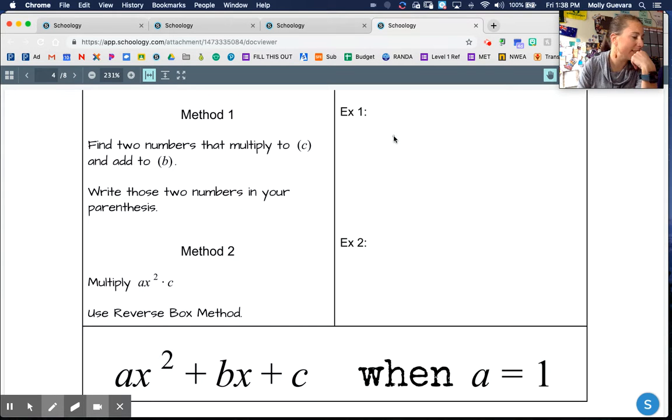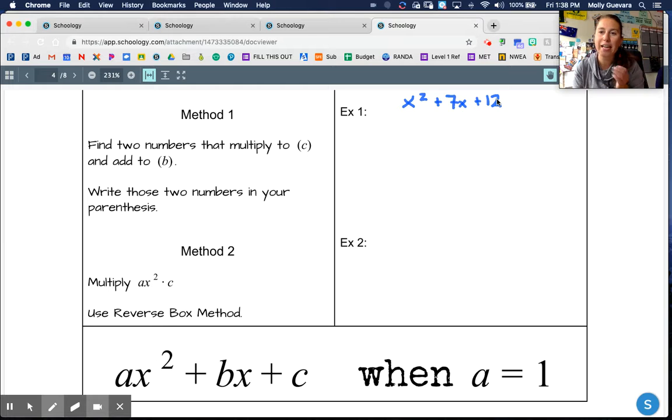Let's write the example first. My example is x squared plus 7x plus 12. In this case, my a is 1, the number in front of x squared is 1, so that's how I know I'm using this page of the foldable. My b is 7, and my c is 12.